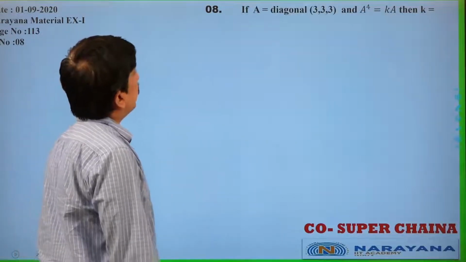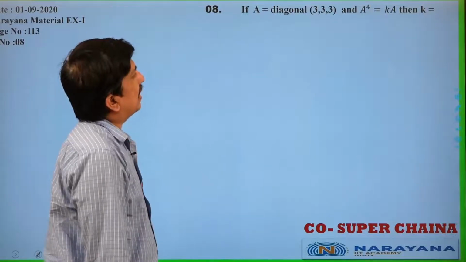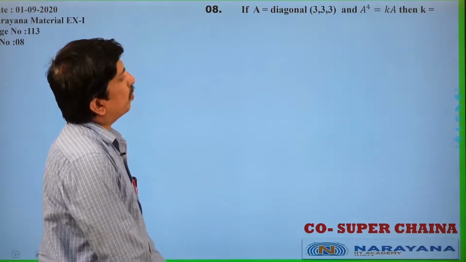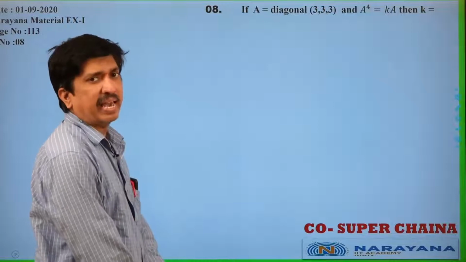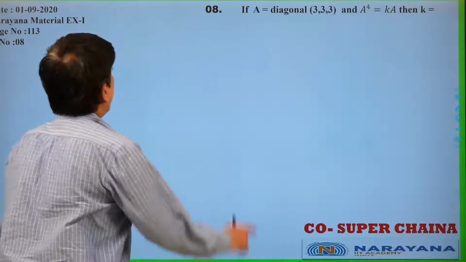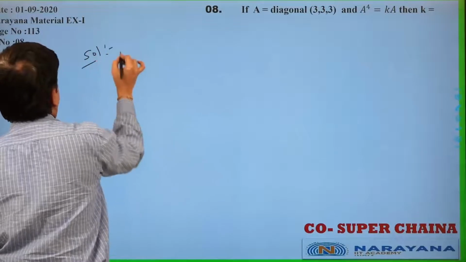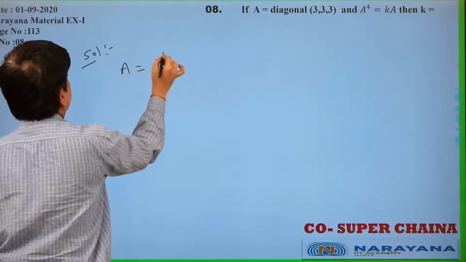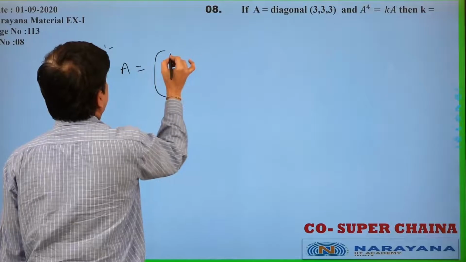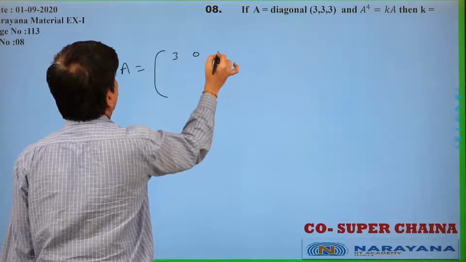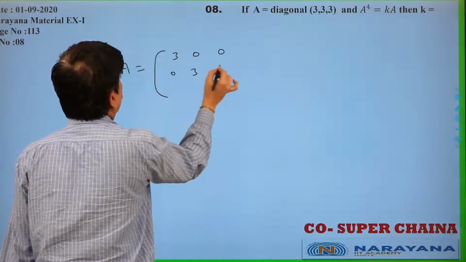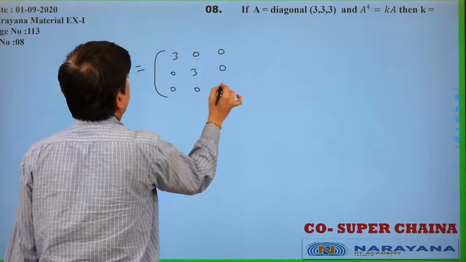A equal to diagonal 3, 3, 3 and A power 4 is equal to kA, then k is equal to what? Now diagonal means what is that? Once you check this one, diagonal matrix A is equal to 3, 3, 3 means 3, 0, 0, 0, 3, 0, 0, 0, 3.